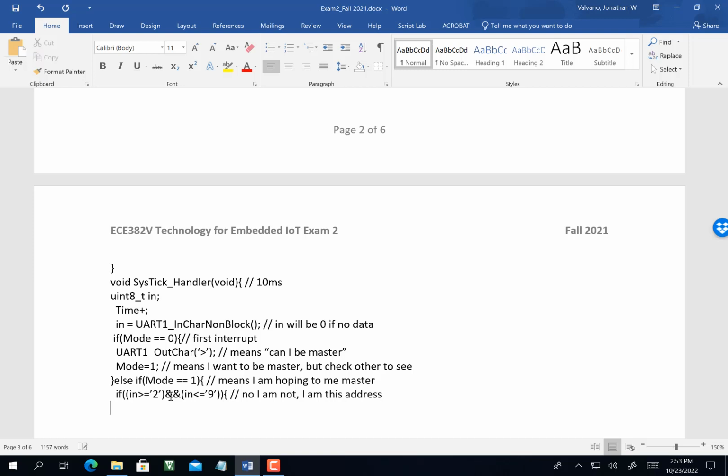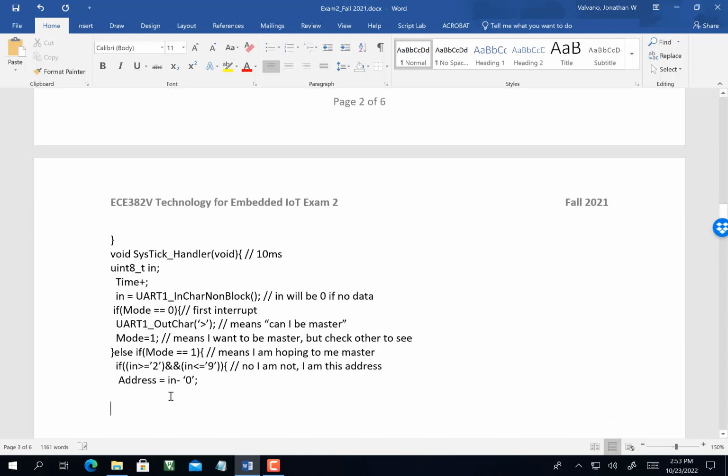And if that happened, my address is going to be equal to the input minus 30, converted to a number. All right, now I know my address. My address is resolved, and so I'll go on to mode 2.